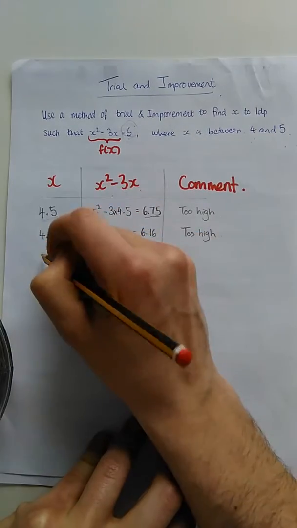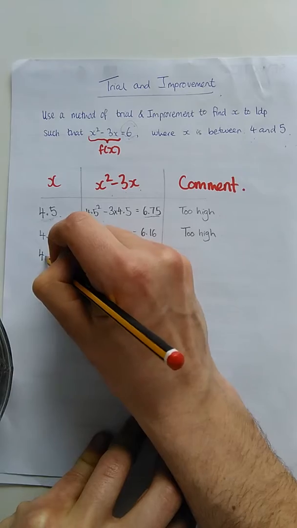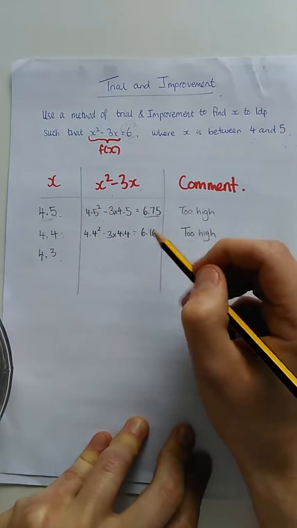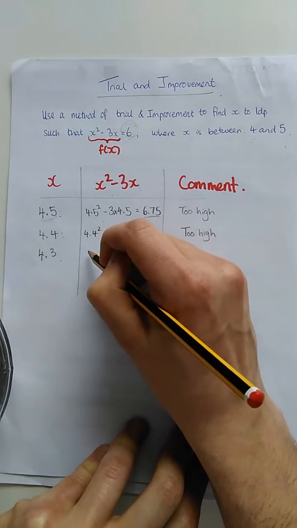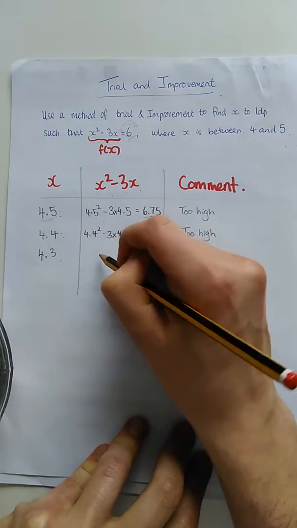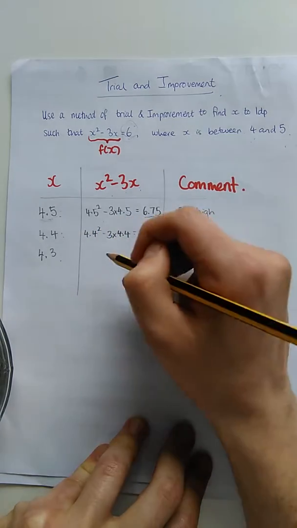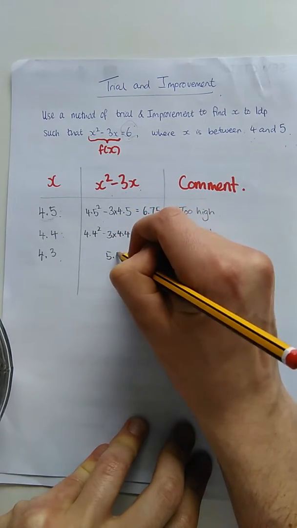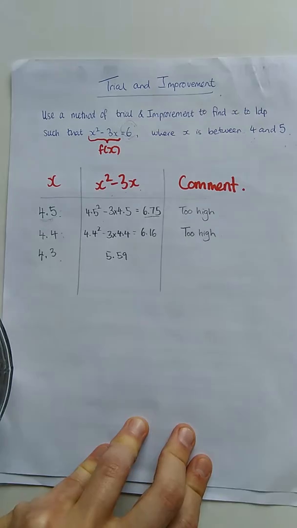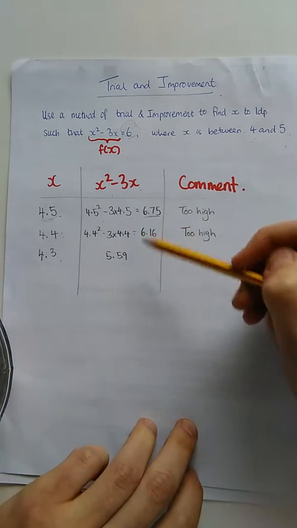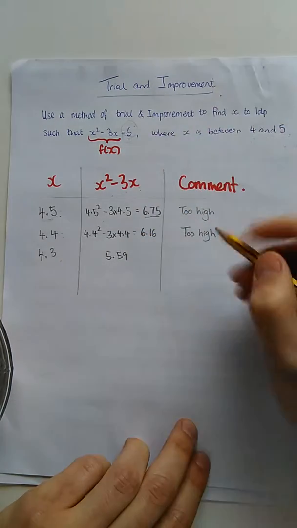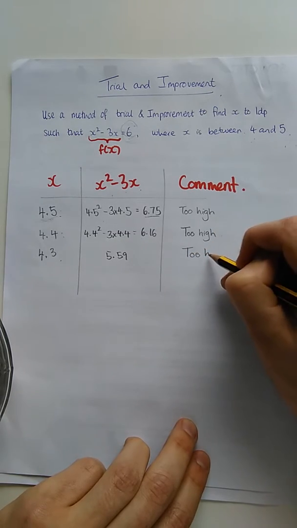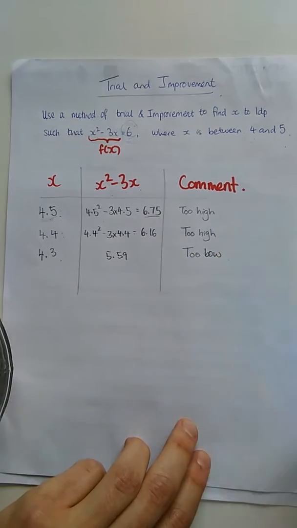So I'm going to choose a smaller number again. So see, I'm trialing and then I'm improving on my answer. So 4.3, sub that into my calculator, 4.3 squared, take away 3 lots of 4.3, gives me an answer of 5.59. Now we can notice that we've jumped below 6. So my comment is that it's too low.